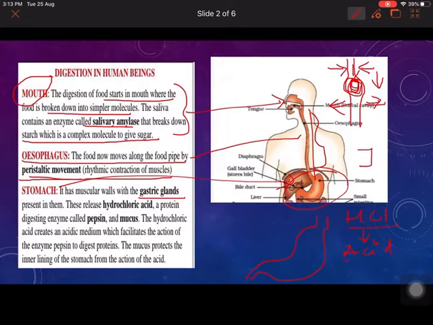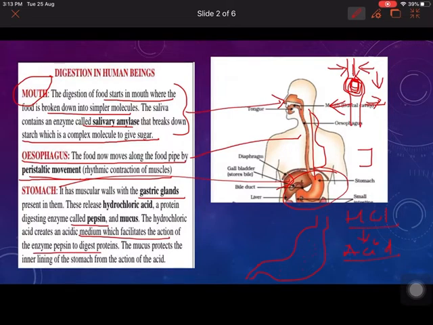First, the acidic environment kills the germs which come in the food you have eaten. Second, it makes the inside of your stomach acidic, which helps the enzyme pepsin to work. So these are the two functions, and this acidic medium facilitates the action of the enzyme pepsin.